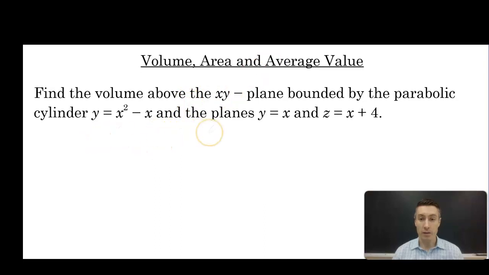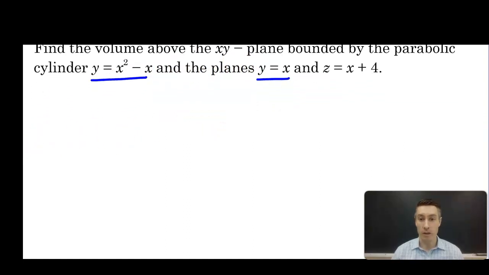Looking at the surfaces, we're going to focus in on y equals x squared minus x and y equals x, since those will have curves in the xy plane, and we'll see if those two surfaces will produce a region of integration. So, helpful to draw a picture here. So we have our x, y, just the first quadrant, graphing that parabolic curve, 0, 0, and 1, 0 would be the intercepts.